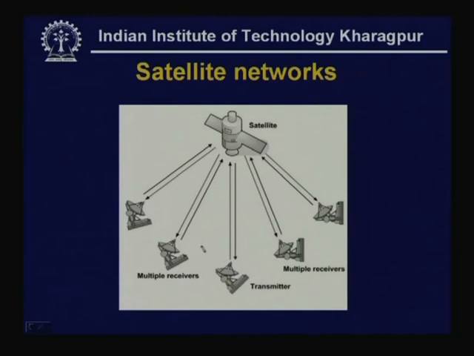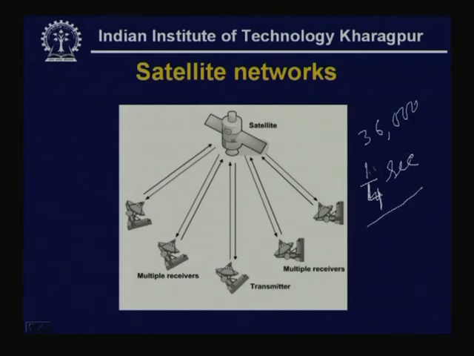As we know, the satellite is located at about 36,000 kilometers above the ground, and the round trip delay is about 1/4 second. So, this is a relatively very long time.